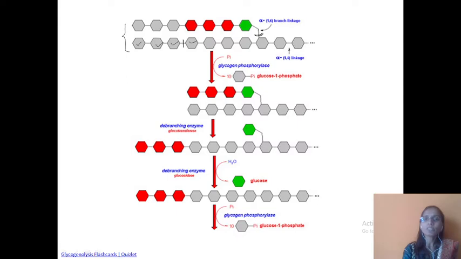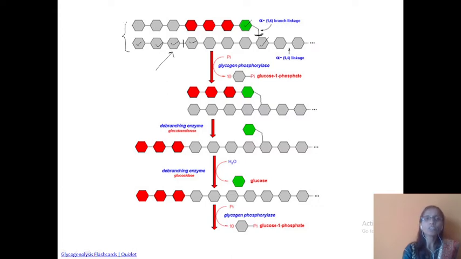This branch is formed by the linkage of this glucose molecule with this glucose molecule by an alpha 1,6 type of linkage. So a number of branches are present in the glycogen polysaccharide. So in the process of glycogenolysis, the activated glycogen phosphorylase enzyme will always act on this glycogen from the non-reducing end.